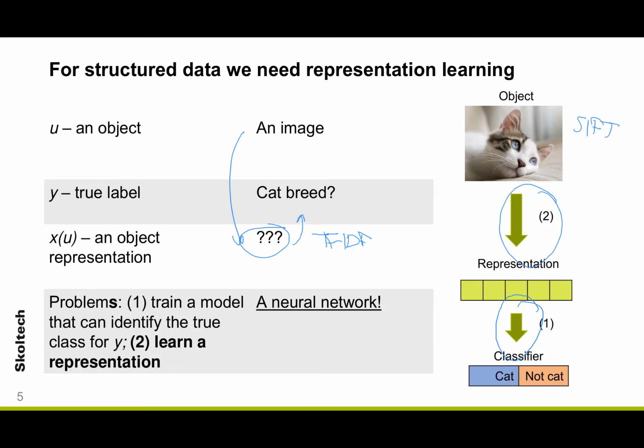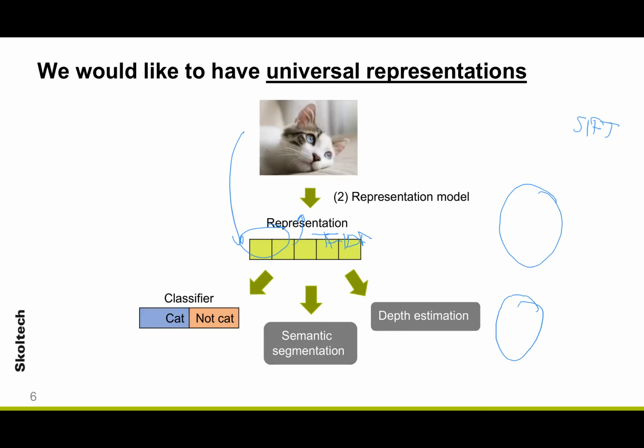So from a representation, we can predict something. And typically, as we have only one end-to-end approach in the world of machine learning models, a complex enough approach, a neural network, we will use it to train both the classifier or other prediction model and the representation.